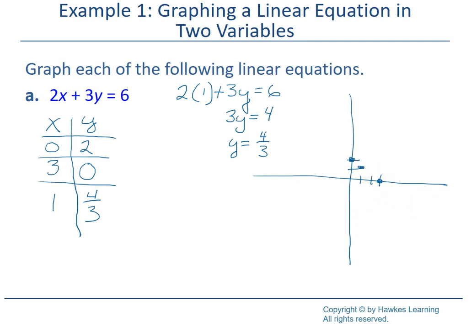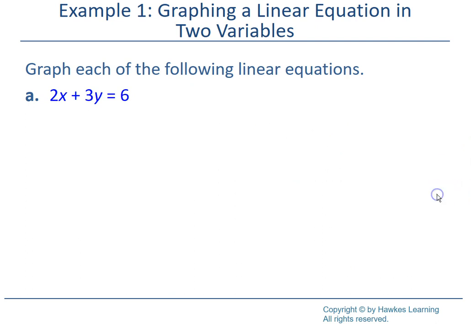And notice we now have a line that looks like so. And there is the graph of this particular equation. And we found it by making a t-chart, putting some values, and keeping in mind you want to have a 0 there and a 0 there because these are easy to find, and then perhaps one other point.